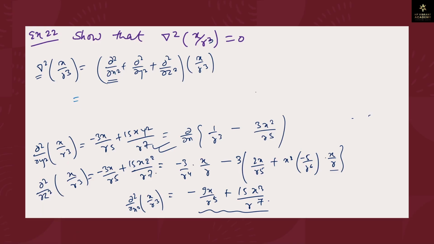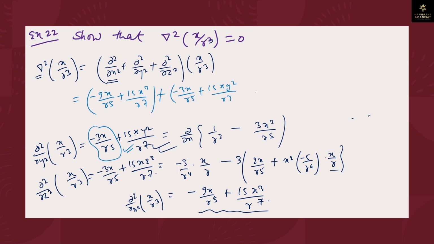So del square upon del x square of this one is minus 9x upon r to the power 5 plus 15x cube upon r to the power 7, plus minus 3x upon r to the power 5 plus 15x y square upon r to the power 7, plus minus 3x upon r to the power 5 plus 15x z square upon r to the power 7.